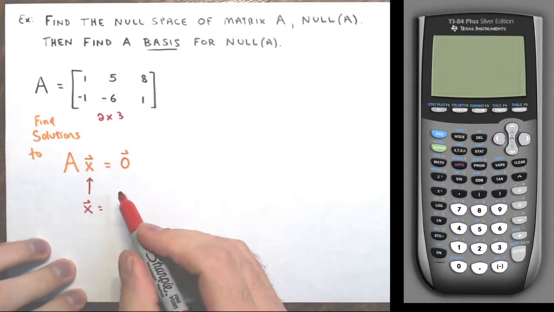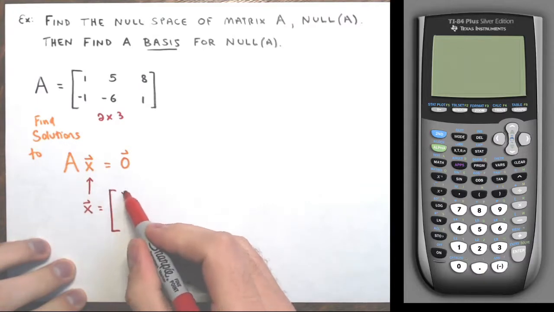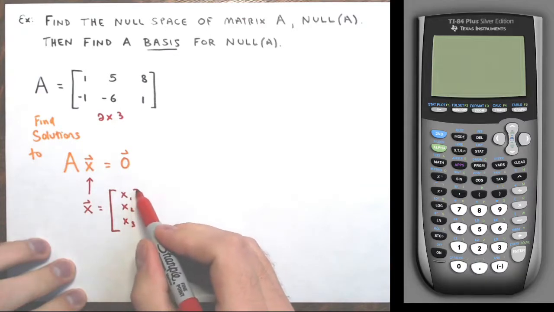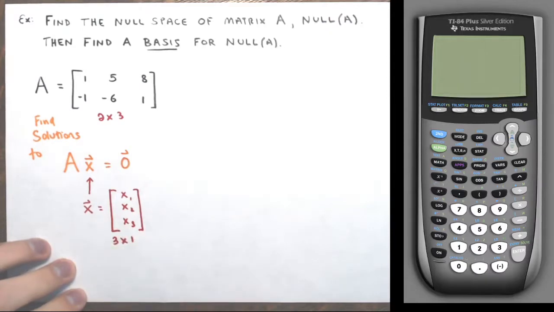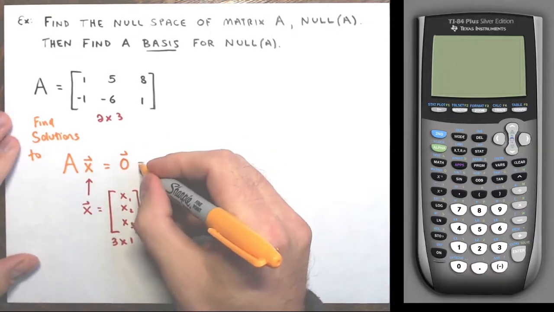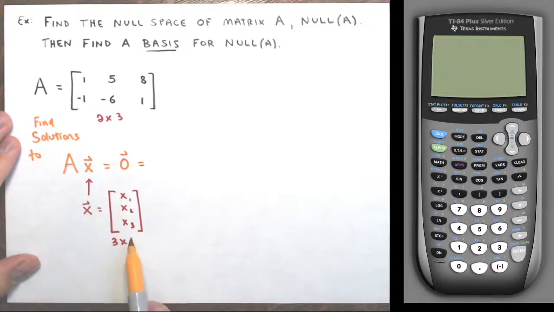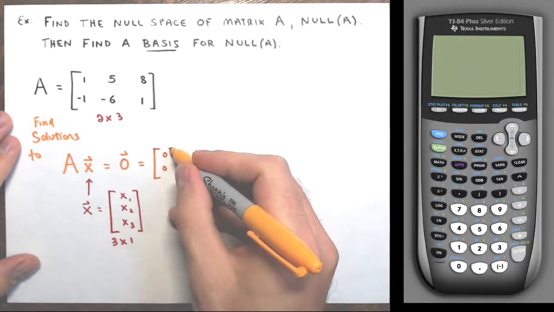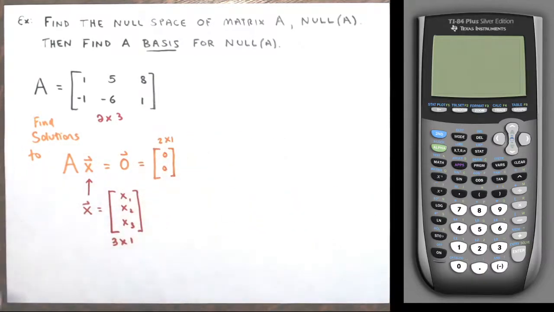It needs to be a 3 by 1. So x would have to look like this, x1, x2, and x3, a 3 by 1 column vector. And then the final result, the 0 vector: if I take the 2 by 3 times a 3 by 1, I'm getting a 2 by 1. It's going to be the 2 by 1 0 vector, the zero vector from R2.